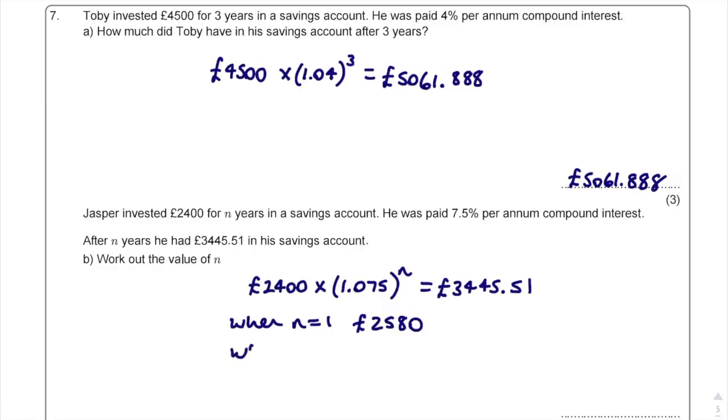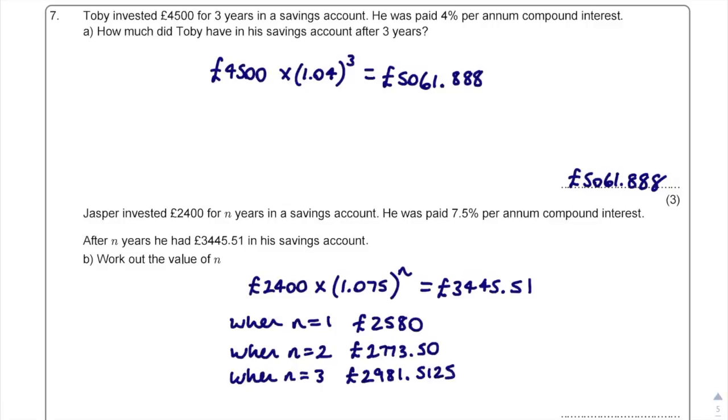We can say when n equals 2, we get a value of £2,773.50. And then when n is 3, we get £2,981.5125.